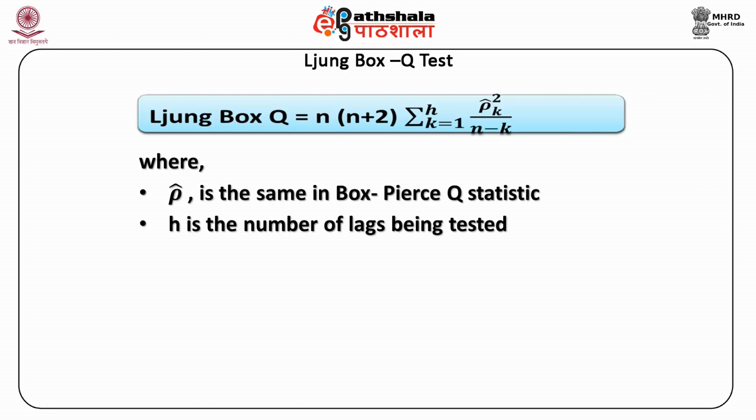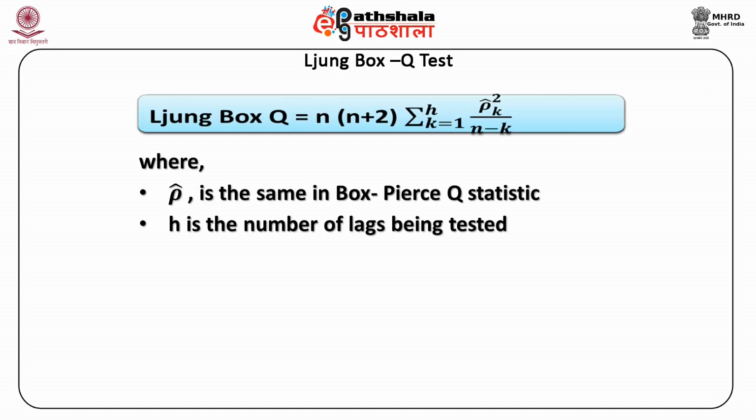If the residuals are white noise, the Q statistic follows a chi-square distribution with H degrees of freedom, just like the Box-Pierce Q statistic. The Q statistic can be applied for any type of ARIMA, which I am sure all of you know is autoregressive integrated moving average model.